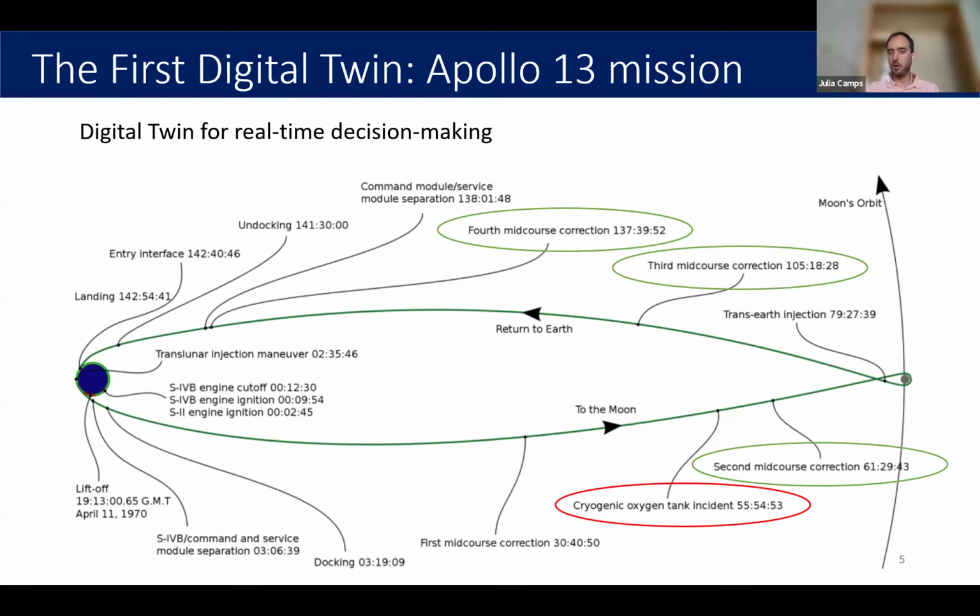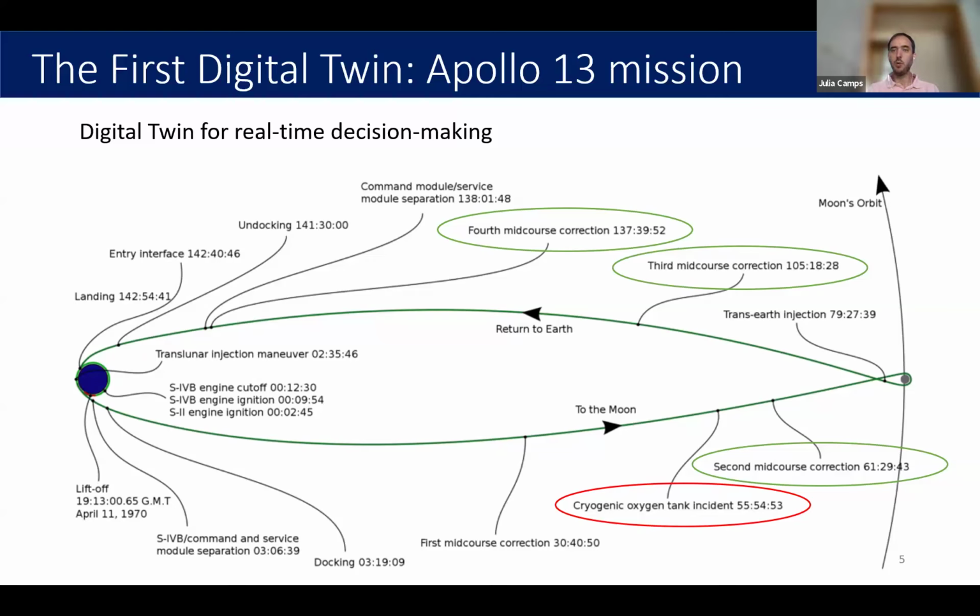And this is a diagram of the journey that they did, right? So in red, I have highlighted the time and well, the moment in which the oxygen tank exploded. And in green, I have highlighted for you the 3 different corrections that they had to do to get the spacecraft back on track and for them to be able to return back to Earth.